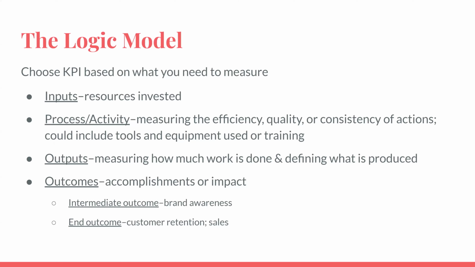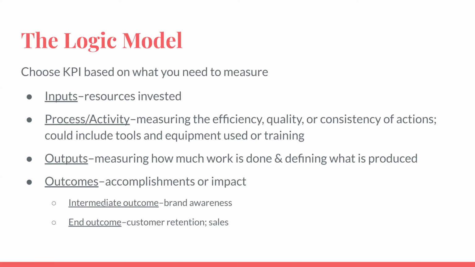So we're measuring how much work is being done and defining what is being produced by what we are putting into the business in terms of our general resources as well as activities. And then finally, at the end, we have our final accomplishment or impact. So our outcome.